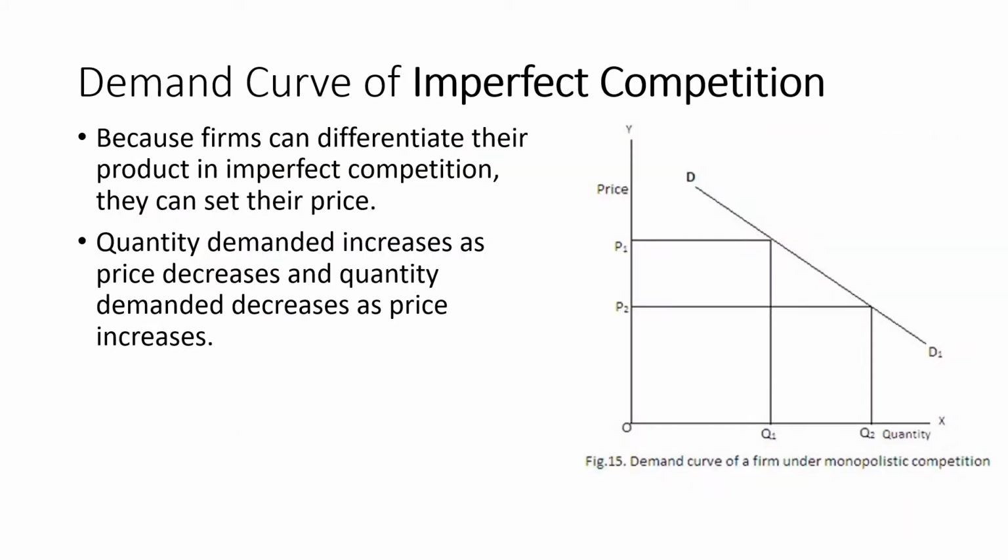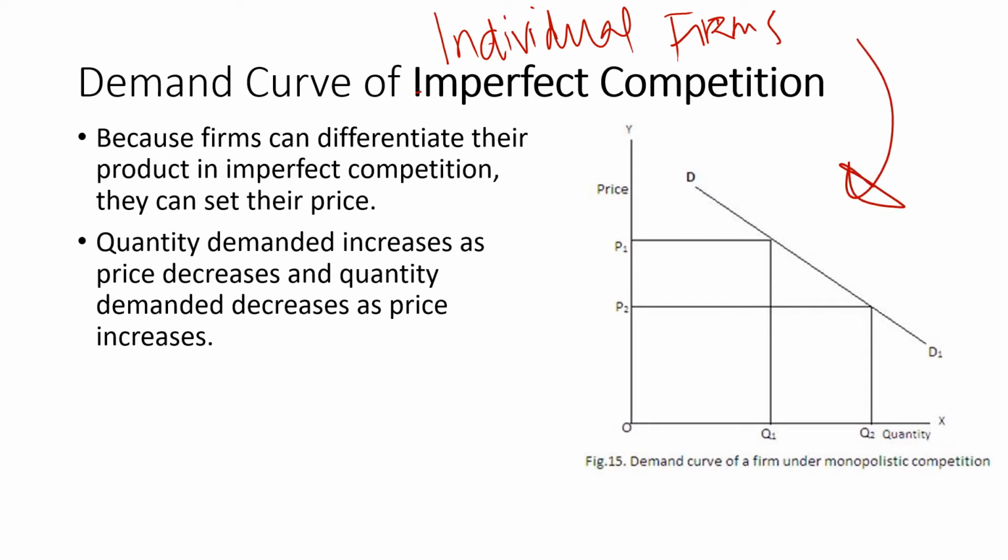Imperfect competition, however, is not horizontal. So this is an individual firm's demand curve in imperfect competition, okay? Because our products are differentiated, we're not part of a larger market curve, okay?